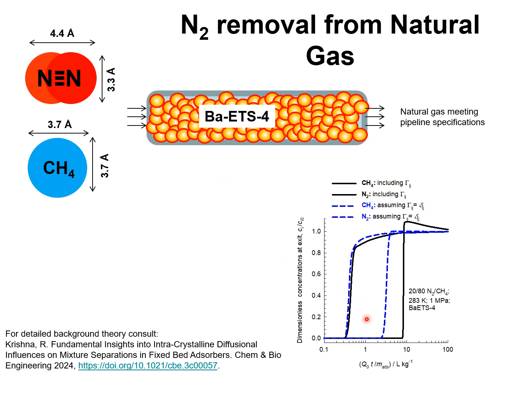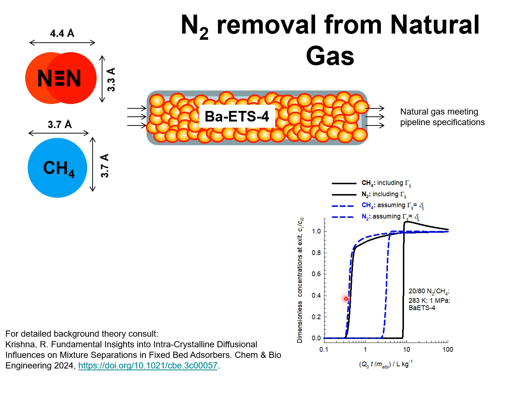I show here simulations of the breakthroughs for 20/80 mixtures of nitrogen and methane using the Maxwell-Stefan diffusional formulation indicated by the solid black lines. The dashed blue lines are simulations using the LDF model.